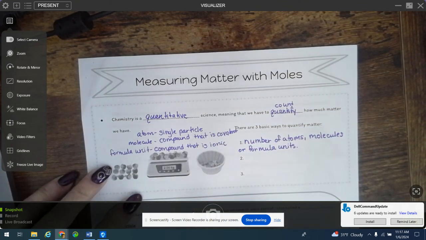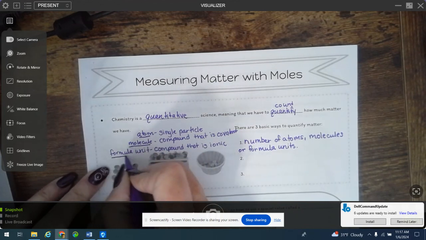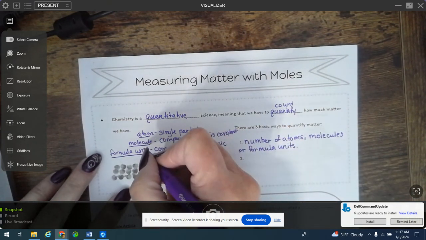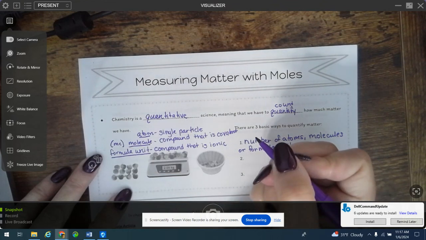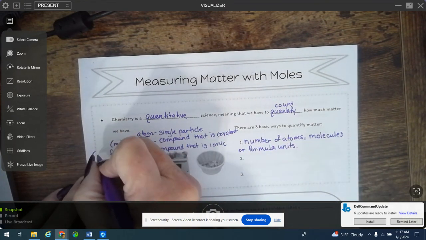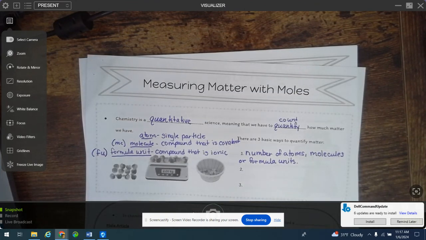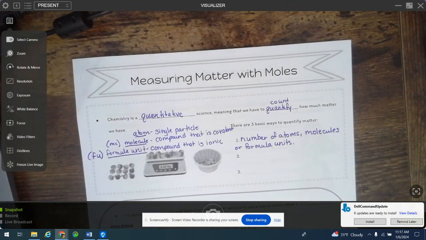Okay, so we have atoms, we have molecules, we have formula units. You may see me abbreviate molecule. Sometimes I use the abbreviation MC. And for formula unit, you will see I use the abbreviation FU. Okay, so it's important to know that vocabulary.